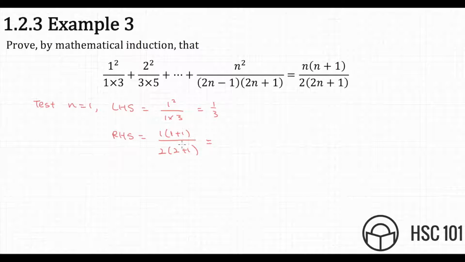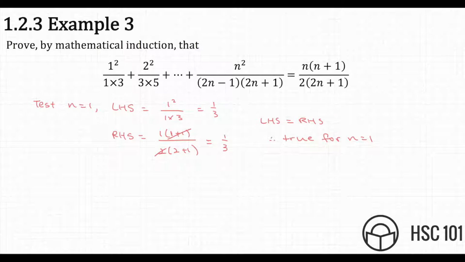So we've got 2 divided by 2 times 3. The 2 and the 2 cancel, so the right-hand side is just equal to 1 over 3. And this shows that the left-hand side is equal to the right-hand side, which means the proposition is true for n is equal to 1. So that's the first step out of the way.